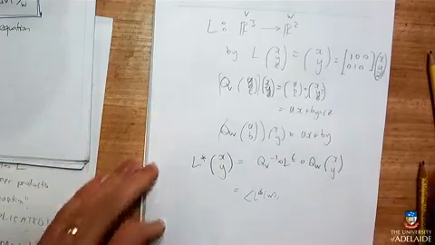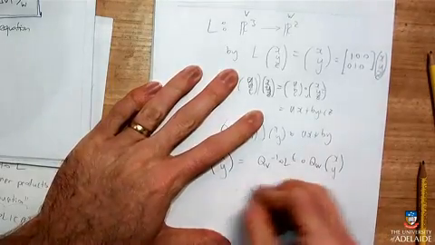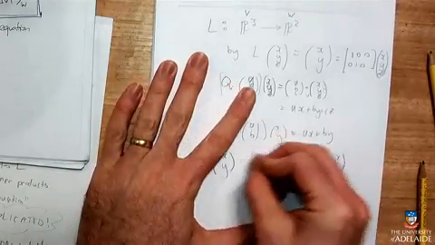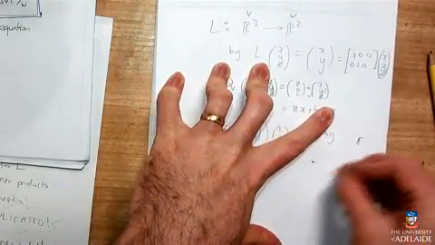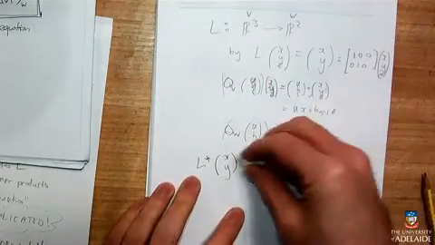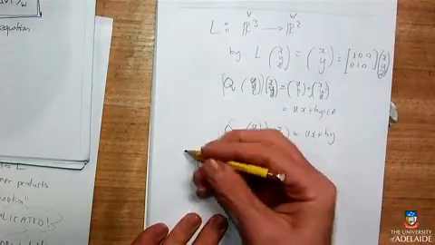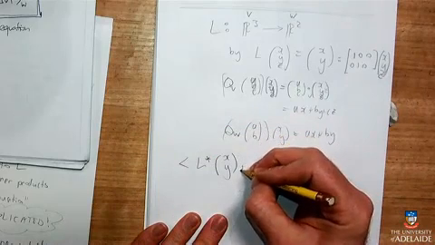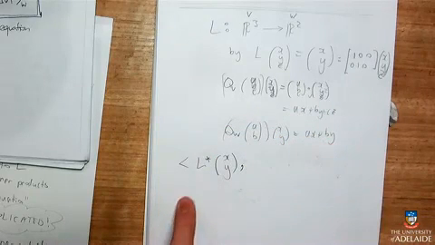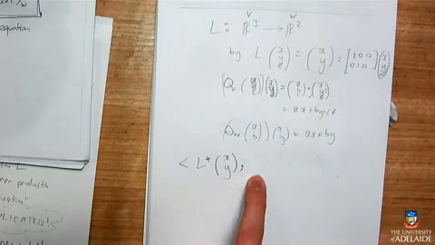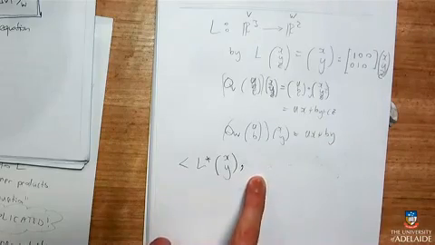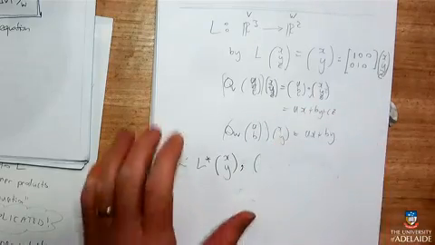And then you rewrite the inner product because it's the dot product. It rewrites nicely as matrix multiplication. So just a second, we're saying that L star of xy and something that's in R3.